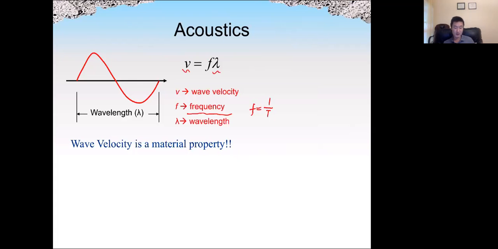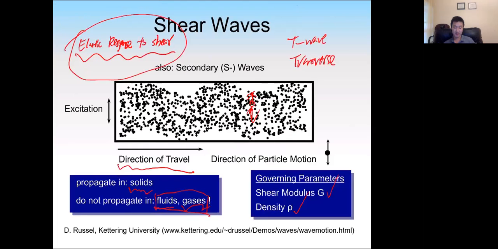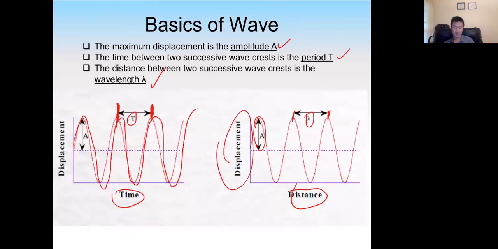Because frequency is how many cycles within 1 second the wave can go through, okay? Which is equal to 1 second divided by period. Period is, again, defined here as the time between two successive wave crests.